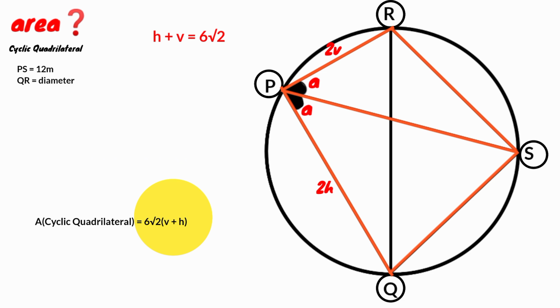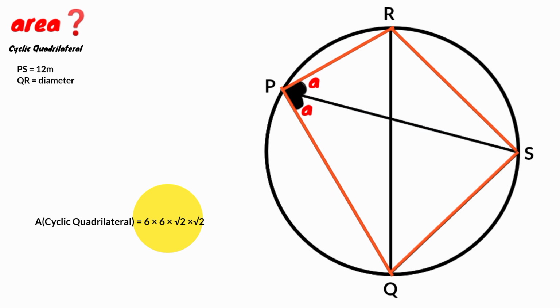V plus h is h plus v. And here we found h plus v equals 6 root 2. Insert it here. 6 root 2 times 6 root 2 is 6 times 6 times root 2 times root 2. 6 times 6 is 36. Root 2 times root 2 is 2. 36 times 2 is 72. So area of cyclic quadrilateral equals 72 meters squared.